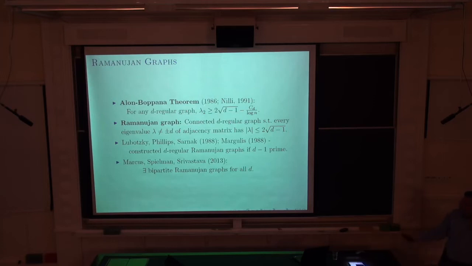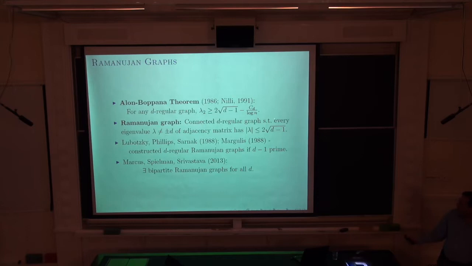How good an expander can be is determined by this lambda 2, at least from the spectral point of view, and the Alon–Boppana theorem, for which there is a detailed proof in this paper by Nili. As all of you probably know, Nili is Noga Alon's daughter, who was 2 years old at the time. She's somewhat older now.